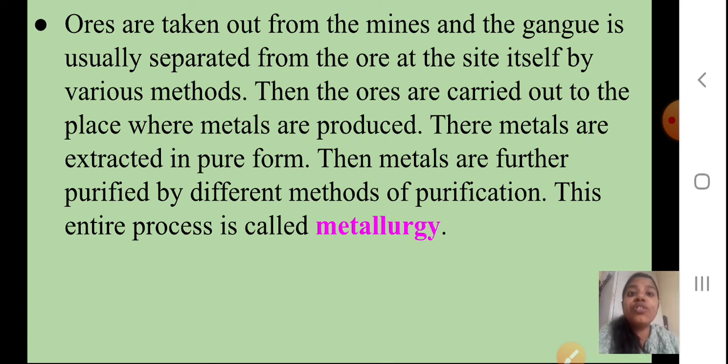Then the metals are further purified by different methods of purification, because you need at least 99% pure metal. Many steps are followed for this purification. This entire process is called metallurgy. Whatever process is done to get a pure metal from the ore, we call it metallurgy. I think you have understood the concept.